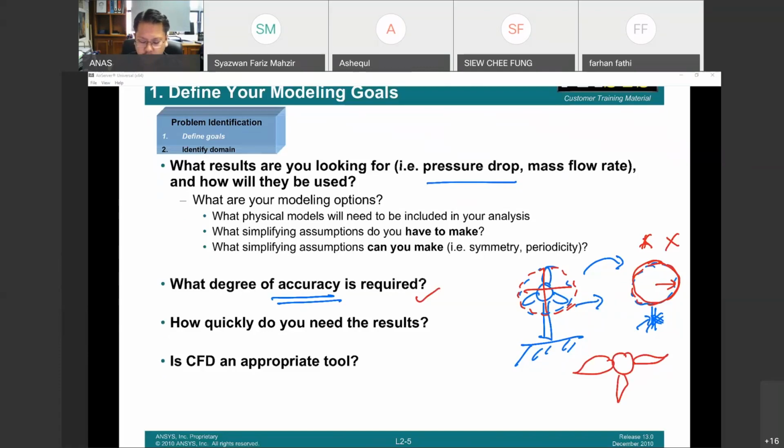The accuracy involved, and how quickly you get results compared to detail. So let's say this is our detailed design, and this is assumptions or simplification. Of course, the accuracy for the simplification is less, but it is much faster to compute compared to the detail.